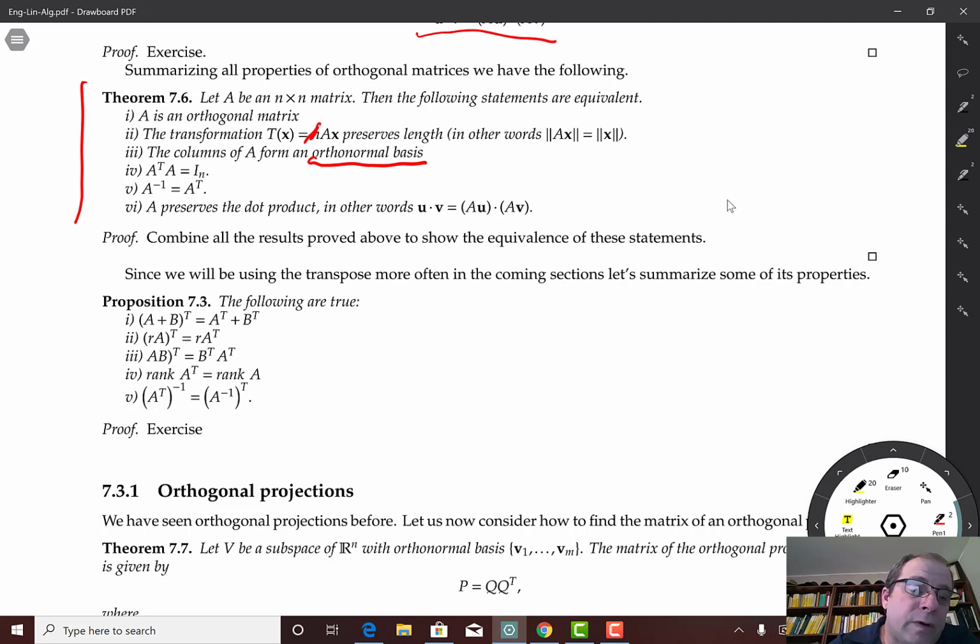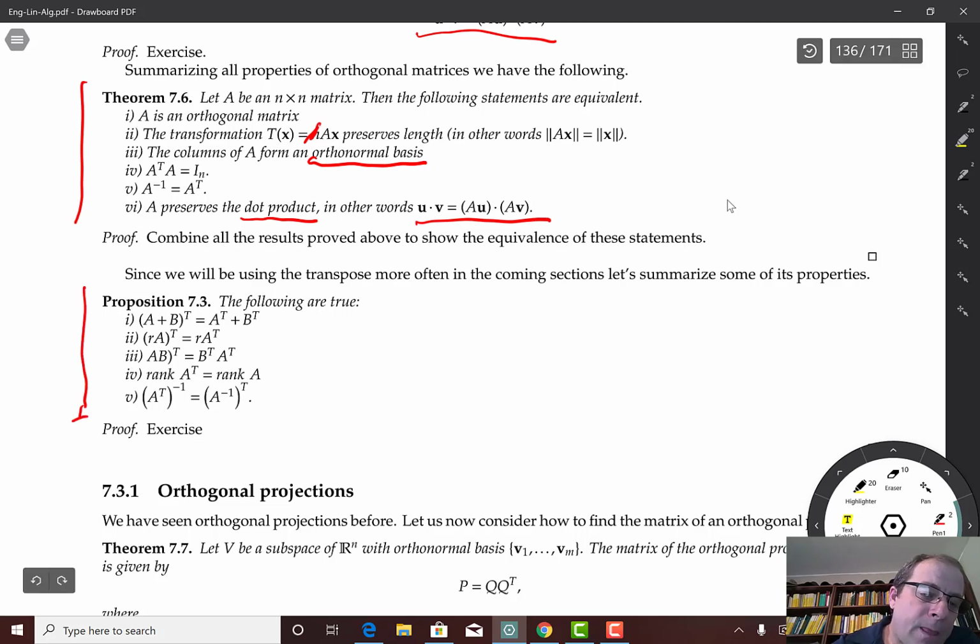In other words, the inverse of A is A transpose, and A preserves the inner product. In other words, the inner product of u and v is equal to the inner product of Au and Av. Yes? Anyway, this proposition 7.3 is really the nice lemma with properties of the transposes from chapter 2, just to review some of the basic properties of the transpose.